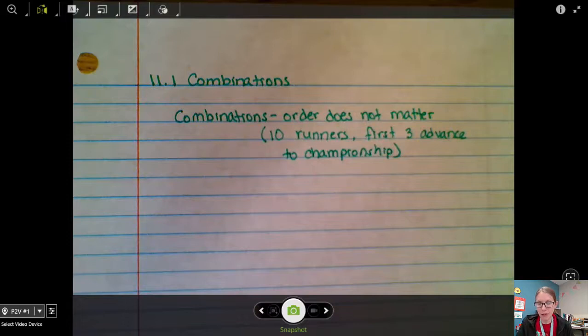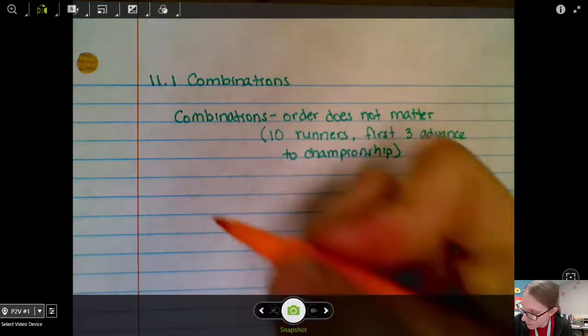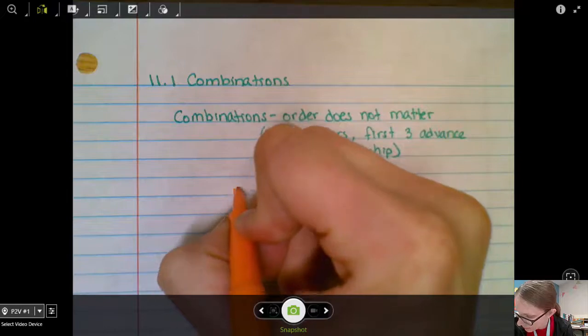Now with permutations, we had that formula where we had n factorial over n minus r factorial. But we could kind of avoid using that just with the fundamental counting principle. But with combinations, we actually do need a formula. And our combination formula looks like this.